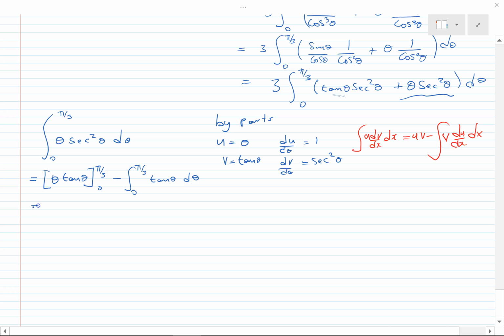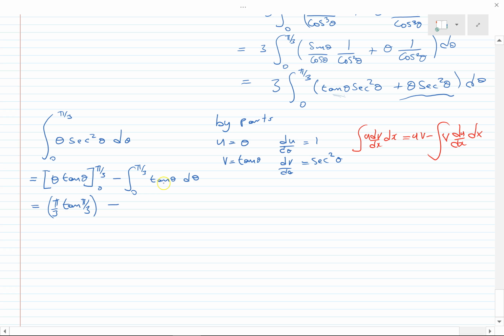Okay, well, let's work out the limits of this. That's pi over 3 tan pi over 3, take away 0 tan 0, which is obviously 0. So I might leave it here because there's too much to do. We can see that 0, but do be careful, particularly in C4 with the 0 bottom limit. It won't always come to 0, but it does here, so I'm going to leave it.